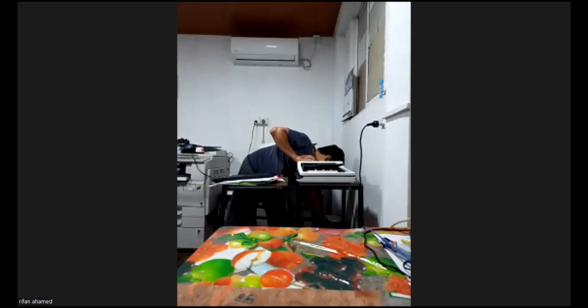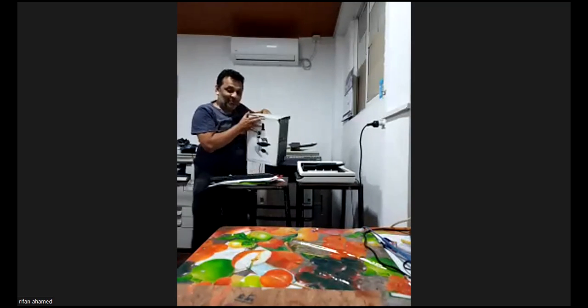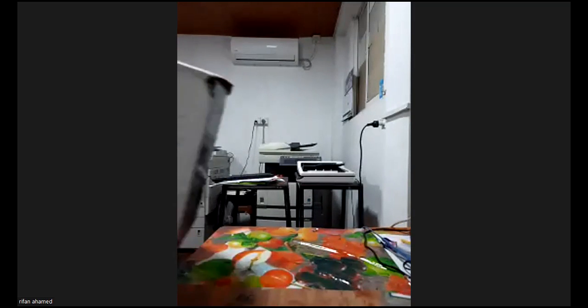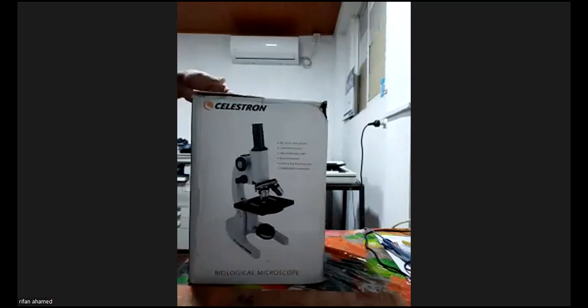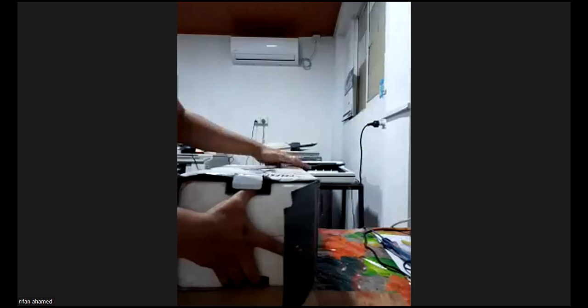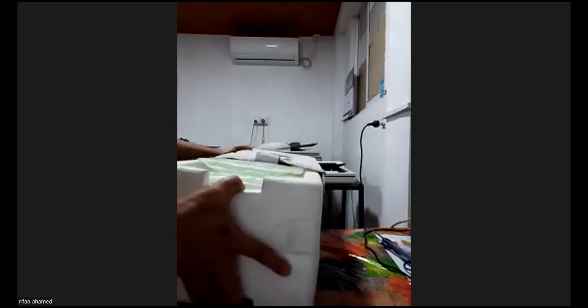Sir, where did you buy the compound light microscope? Once upon a time I bought it. Understood? When were you born? 2010. This microscope is elder than you. Really, sir? Yes.